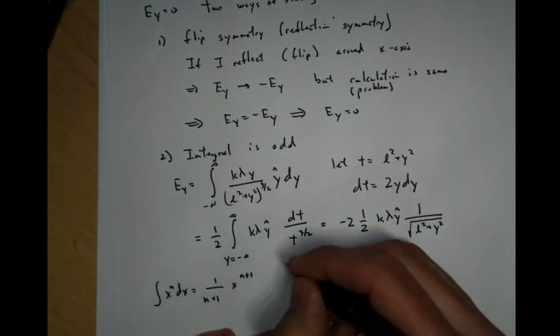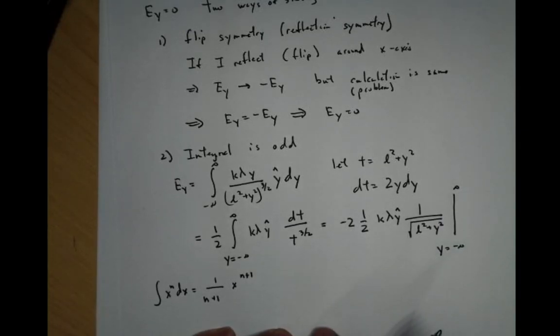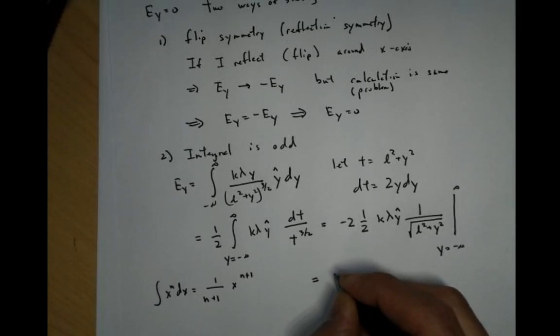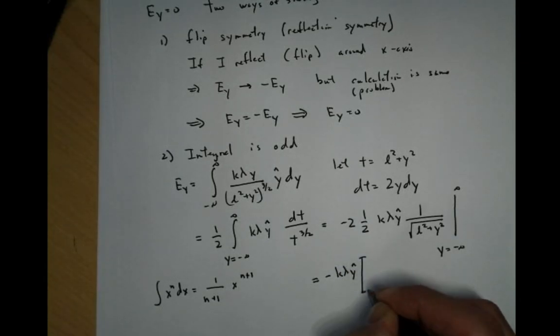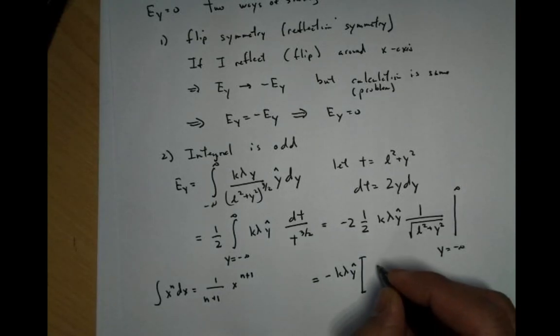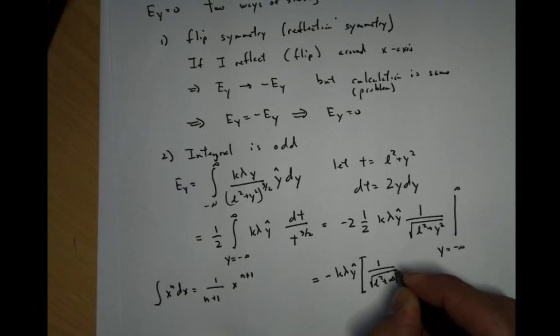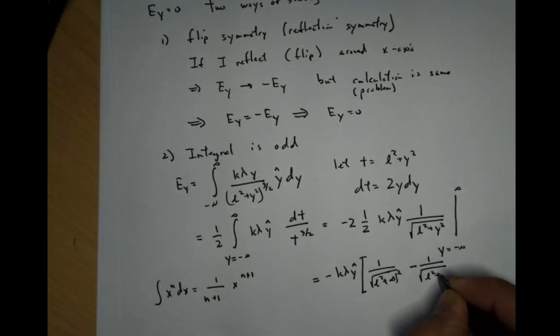And let's not forget our limits of integration: y equals minus infinity to infinity. Now you can go ahead and do this. This will all cancel out, so it'll basically be minus k lambda y hat. The first one will be 1 over the square root of L squared plus infinity squared, minus 1 over the square root of L squared plus minus infinity squared.